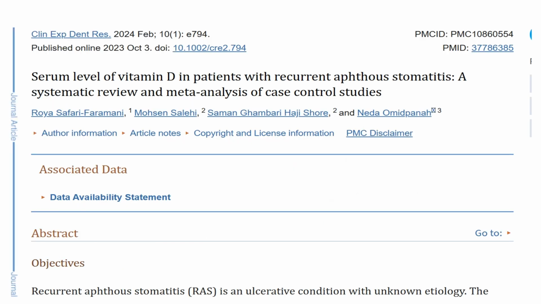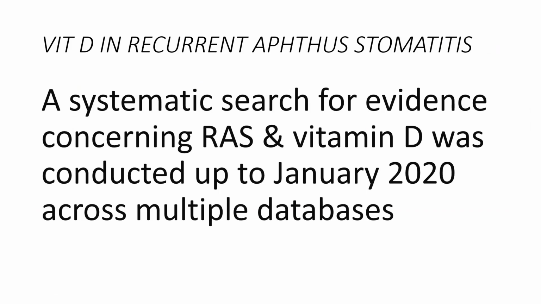Here is another study that was published online in October 2023 with the title Serum Level of Vitamin D in Patients with Recurrent Aphthous Stomatitis: a Systematic Review and Meta-Analysis of Case Control Studies. In this study, a systematic search for evidence concerning recurrent aphthous stomatitis and vitamin D was conducted up to January 2020 across multiple databases, for example, PubMed, Cochrane Library for Systematic Reviews, Web of Science, Scopus, Embase.